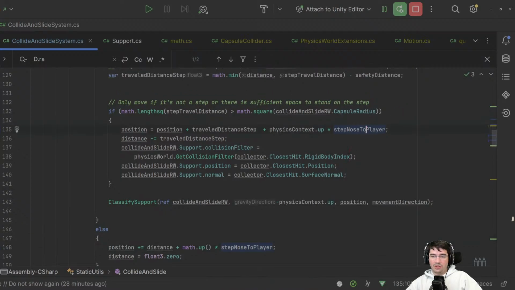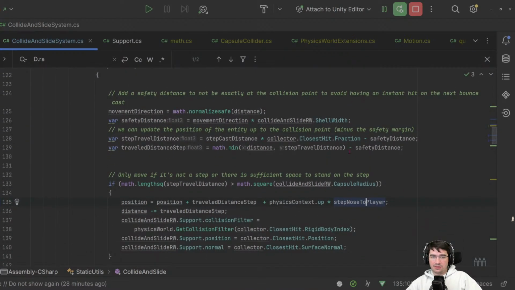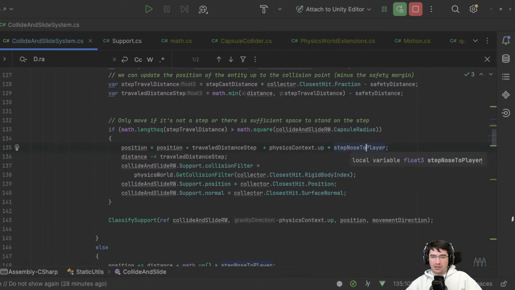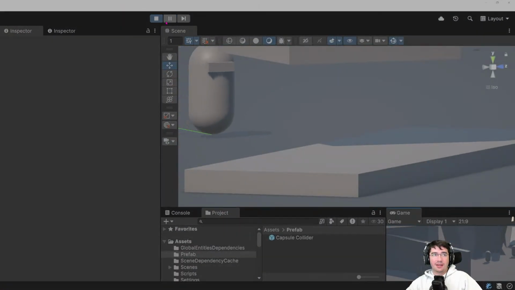And actually, do I want to have this one as the maximum height? I don't know. And it's still... What?